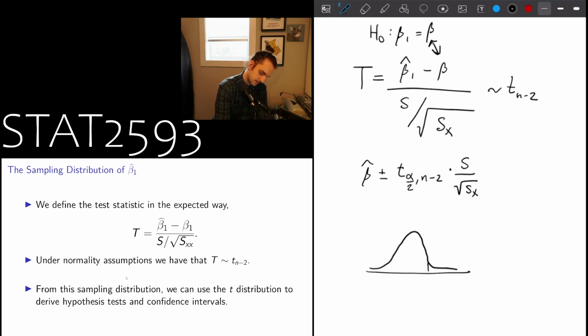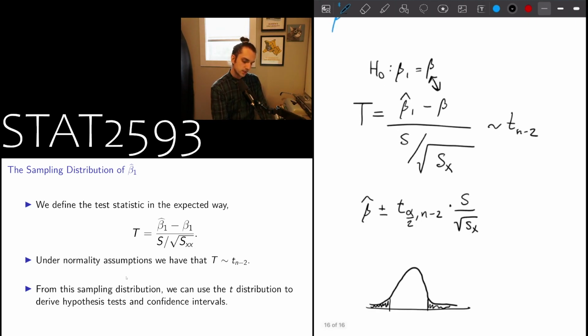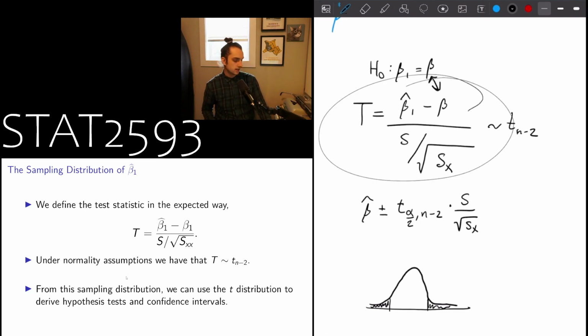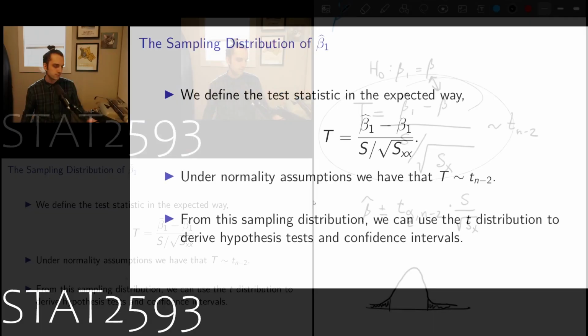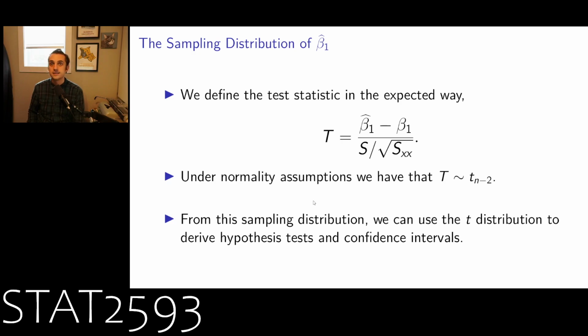We'll have, say, our value and then the upper tail, our value, and then the lower tail. Of course, you can do a two-sided or a one-sided test as well, right? And so the processes that we get after we use the sampling distribution here are going to be exactly the same as the ones that we've been looking at throughout the latter part of this term.